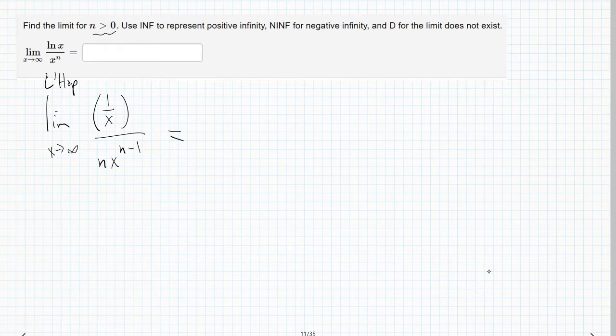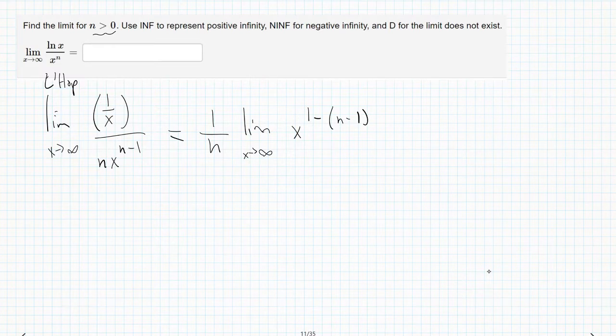So because what happens is this thing equals, we have 1 over n, and we can pull out in front because that's just a constant. Limit as x approaches positive infinity. Now this should be x to the 1 minus n minus 1. Okay, so notice 1 minus n and then another minus 1 there. What does that make?